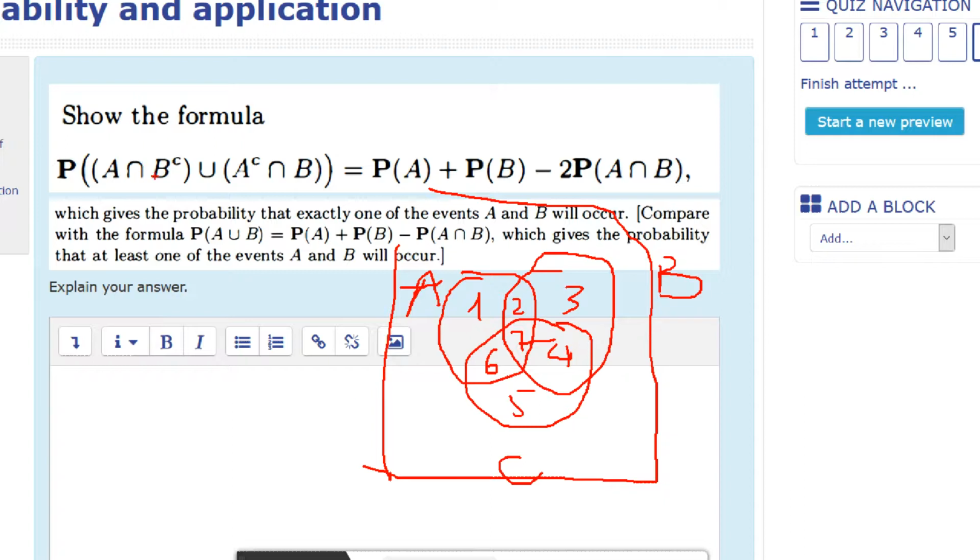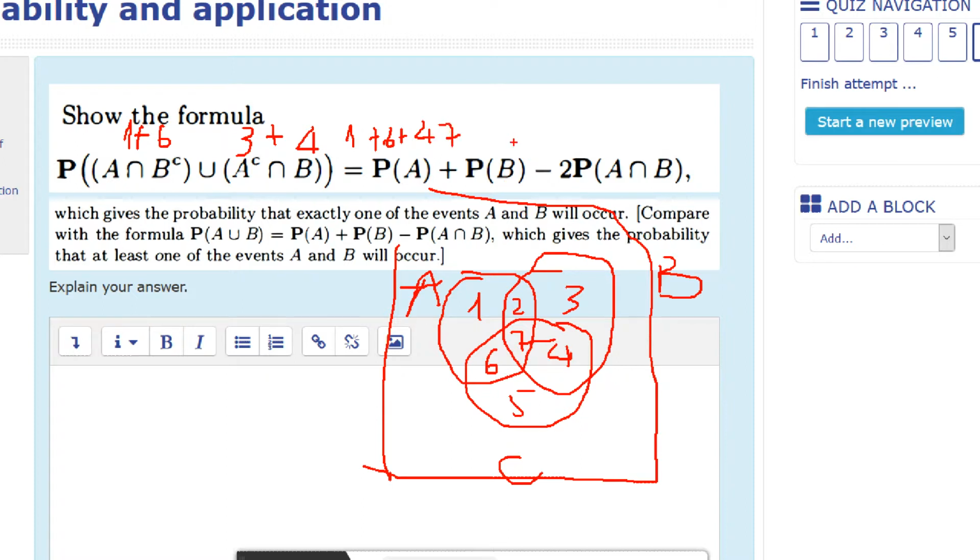So this is region 1 minus 6 plus 6, here is 3 plus 4, here P is 1 plus 6 plus 2 plus 7.